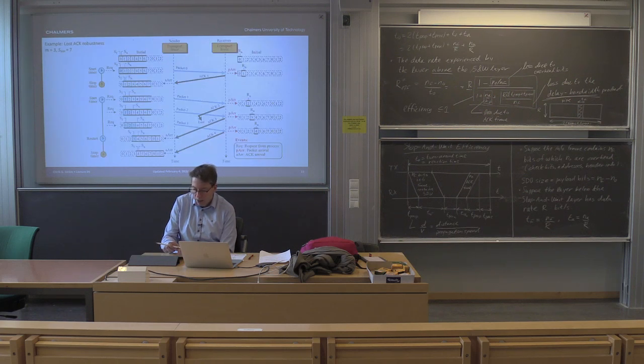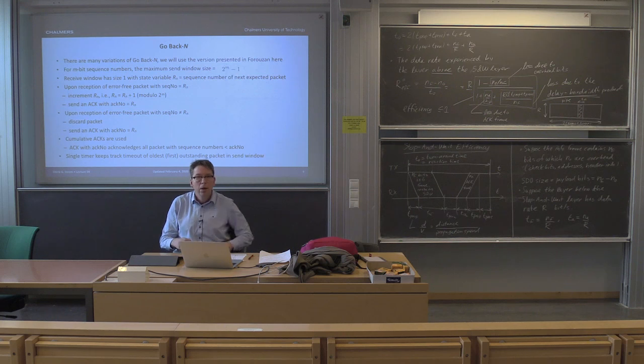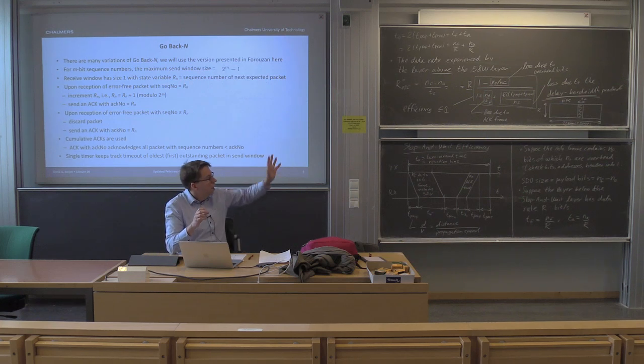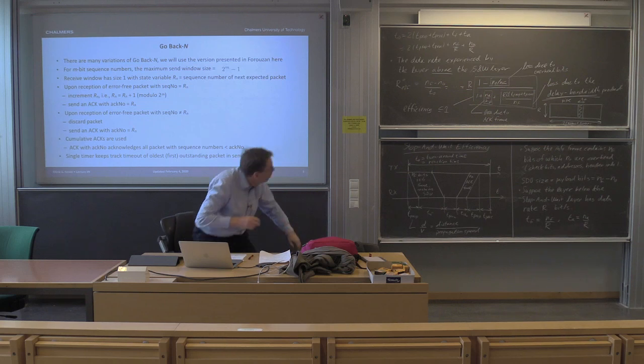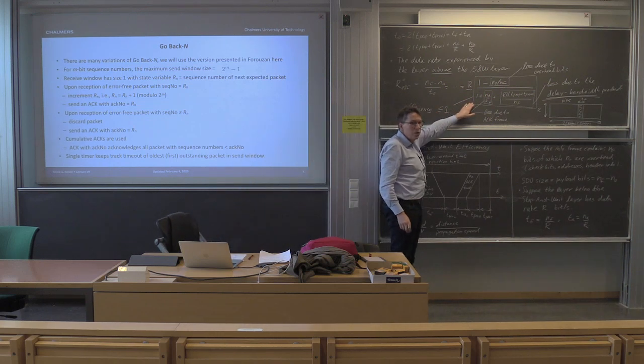Okay, so I think we will stop here and then continue. We'll go back to this the next time we talk about it when we don't have a guest lecture. But the important things today were how to calculate the efficiency and the interpretation of the delay bandwidth product, the notion of efficiency.